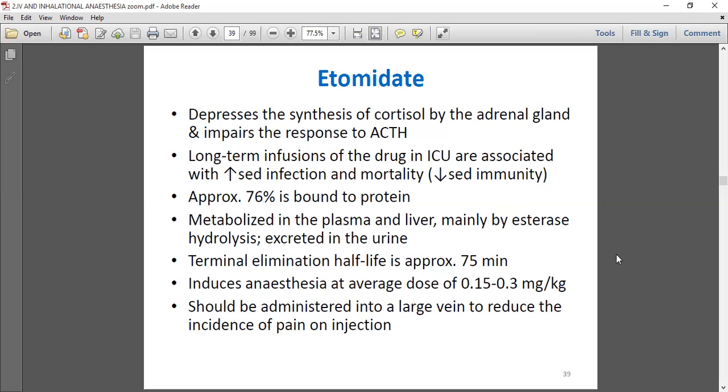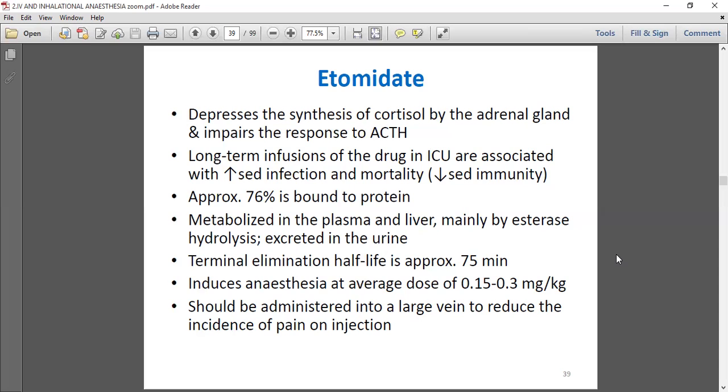And that is why it is affected when the patients have which conditions? It is metabolized in the plasma and liver mainly by esterase hydrolysis, and it is excreted in urine.